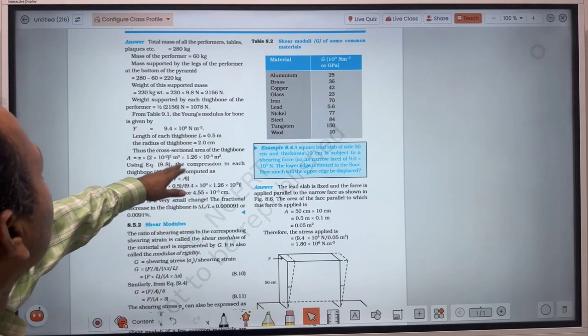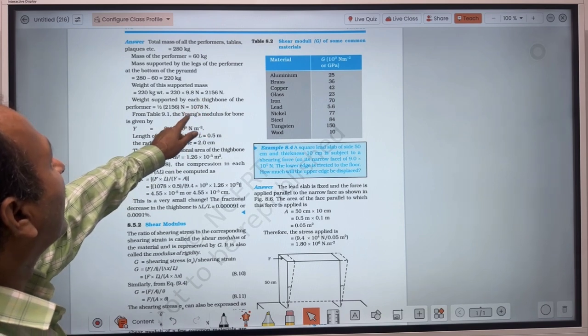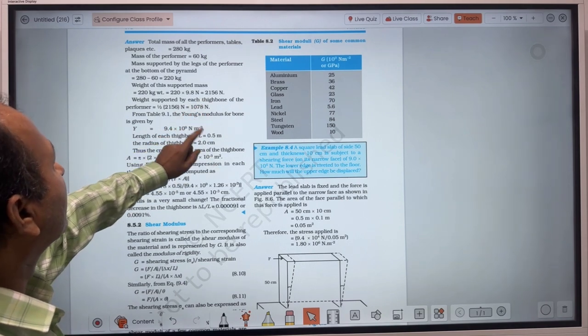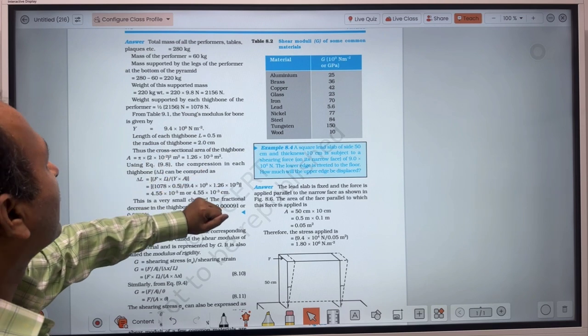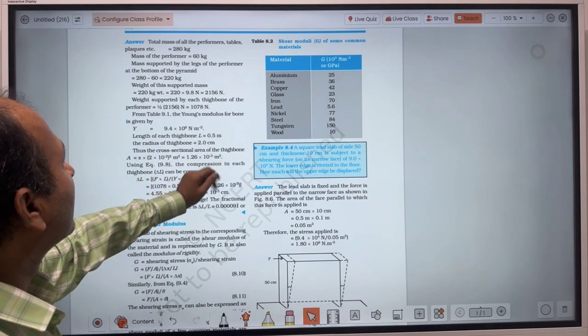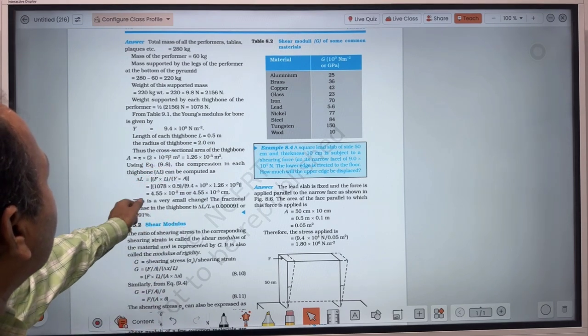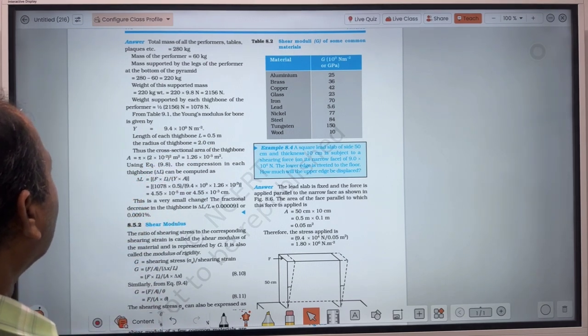Now we have sufficient information. We have weight, that is mg, or you can say F, and Young modulus is also given, length is given, radius of thigh bone is given. From here you can get area, so pi r square, right? Now apply the formula.